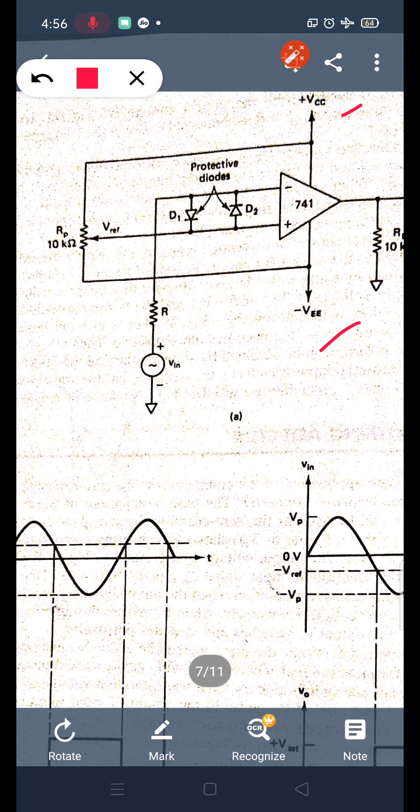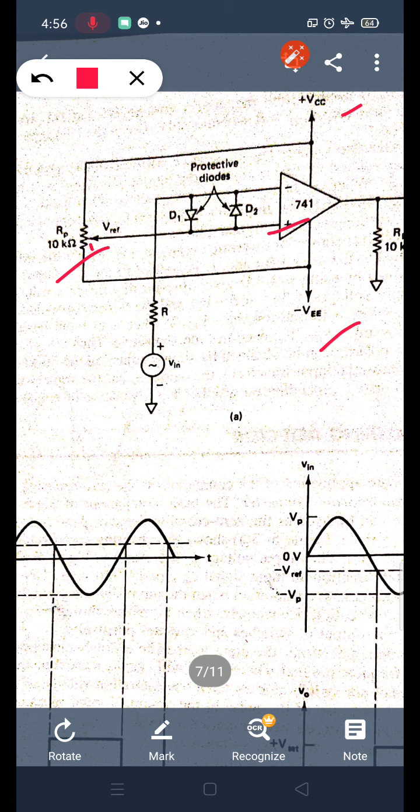The wiper is connected to the plus terminal, and as the wiper is moved towards minus VEE, V reference becomes more negative.